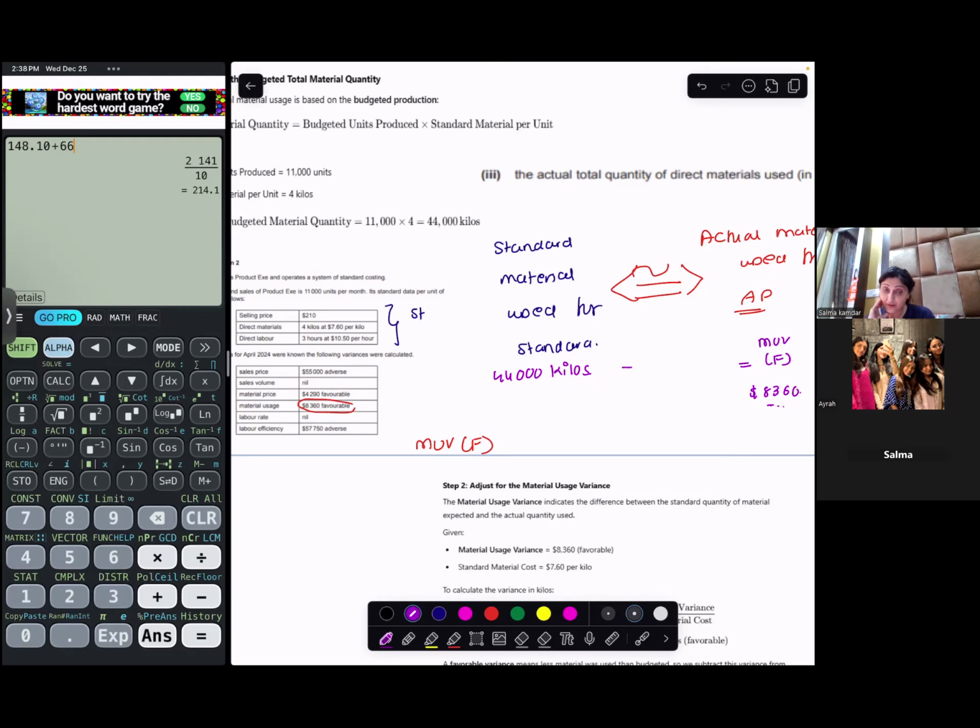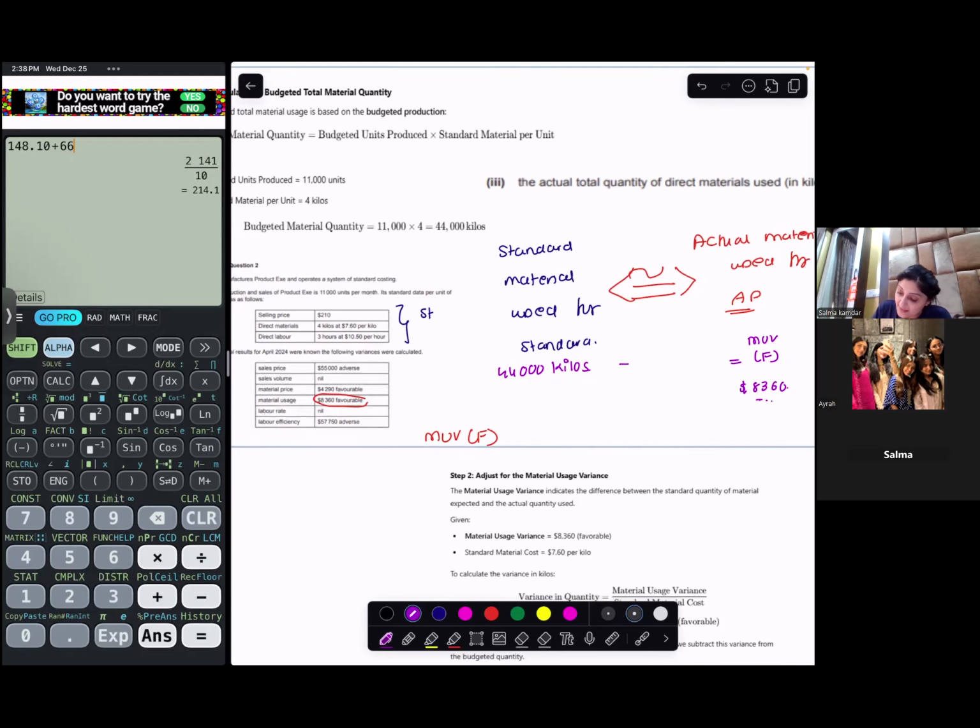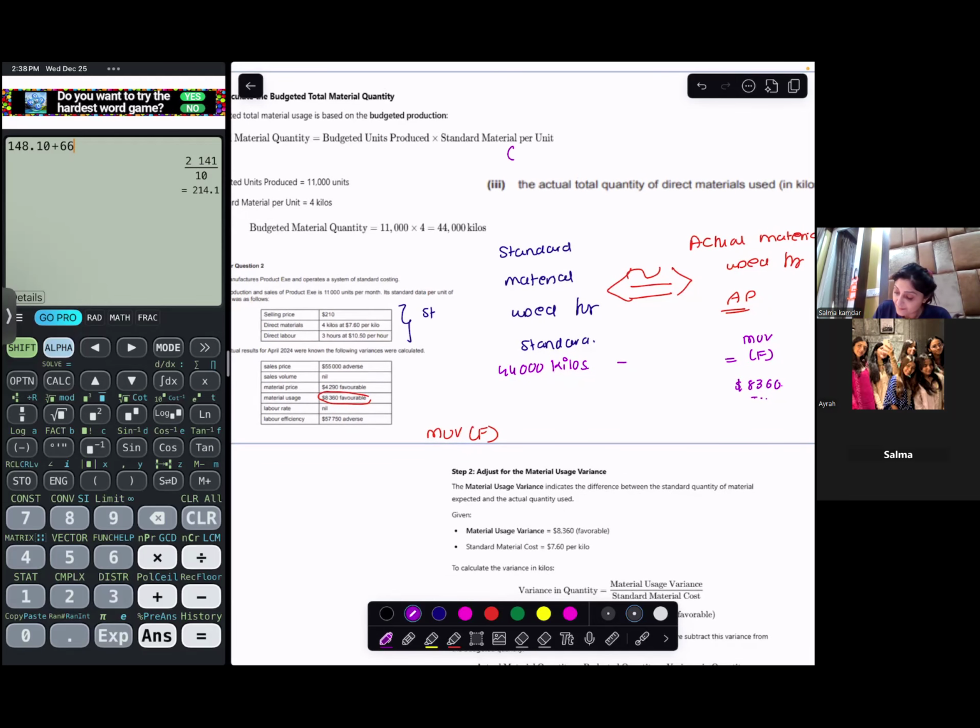Now give me the formula of material usage variance. Standard quantity minus actual quantity into standard rate. So if I want to find the actual quantity, I will have to divide by the standard rate. I have 8360 in dollars.